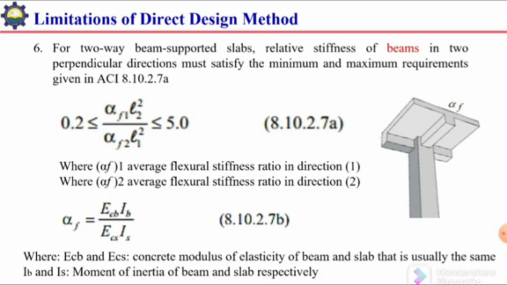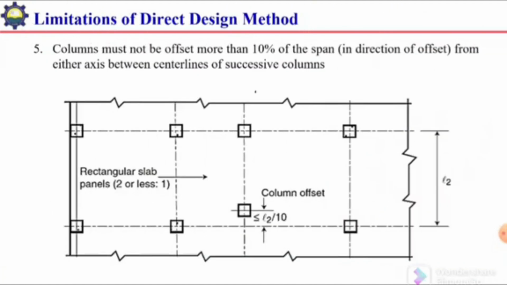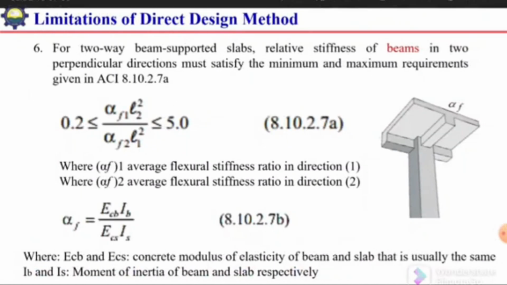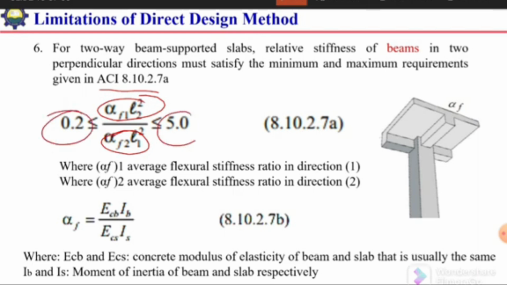So this is actually the reference number at which location of the ACI code this specification is specified. So the limitation is the stiffness ratio, flexural stiffness ratio in two perpendicular directions. Their ratio must be between 0.2 and 5.